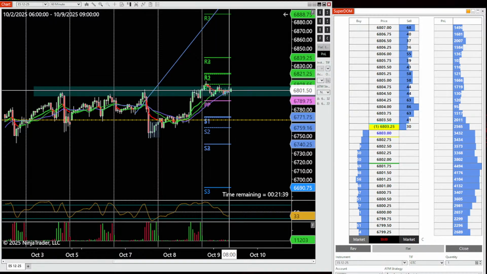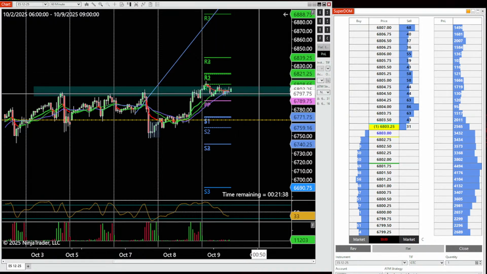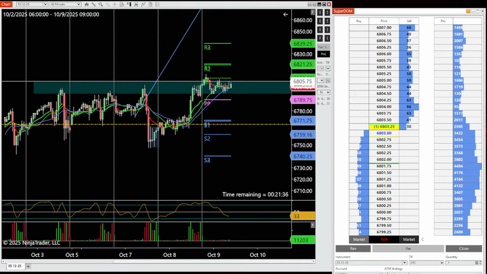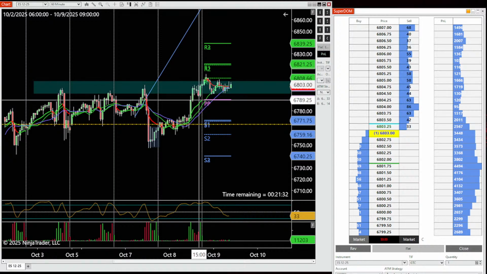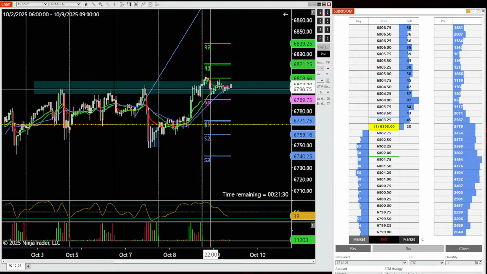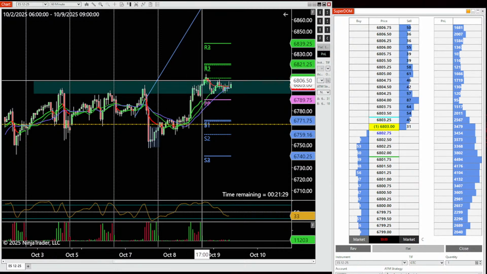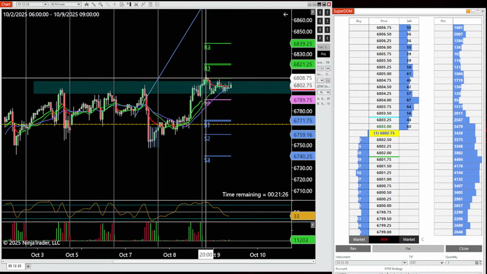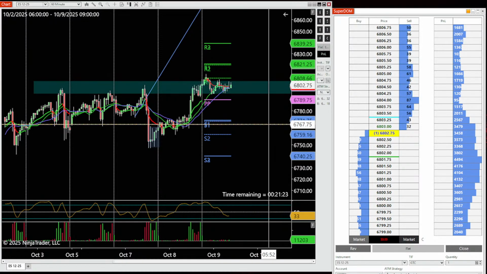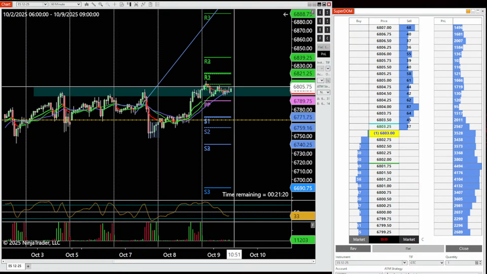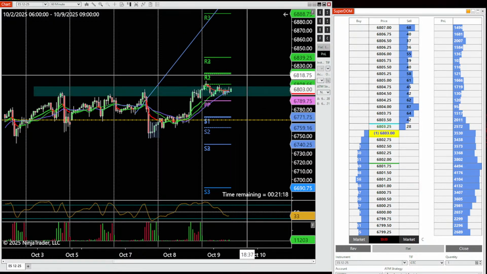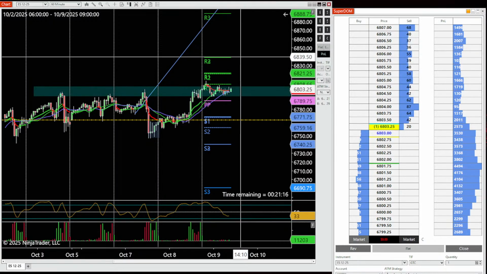A break above this, we've been looking at the next target, R2 in the 21. Overnight, we broke up and came back into this consolidation area. The high is 1225. So we may break above that and hit the next target of 20 or 39.